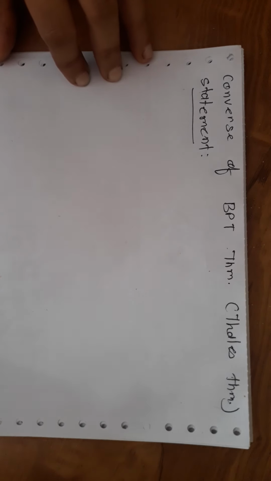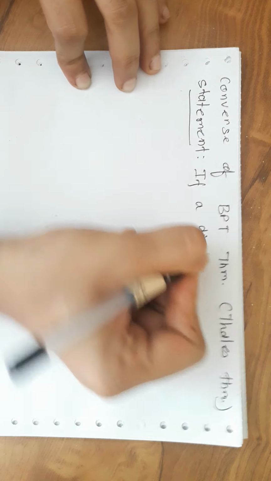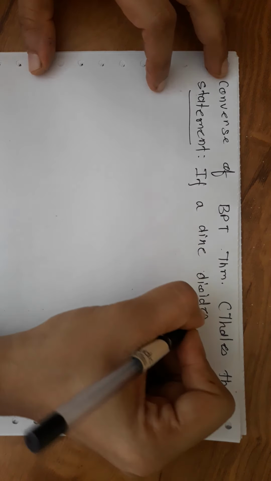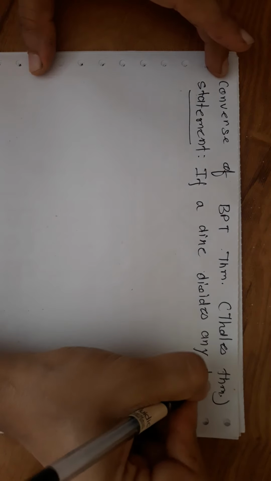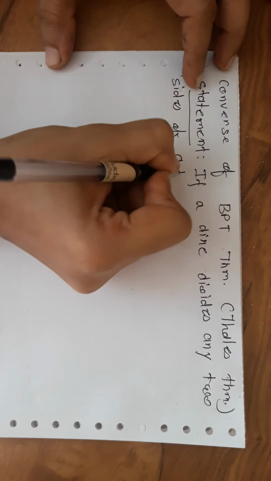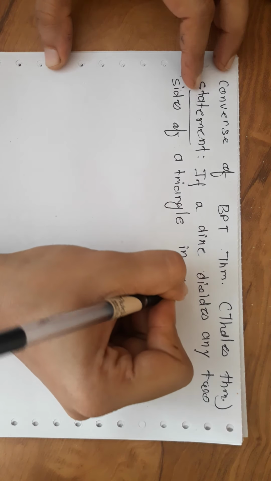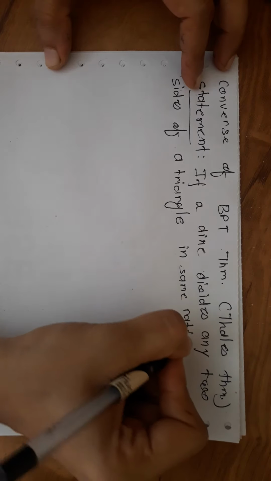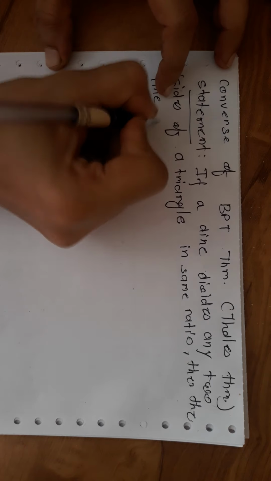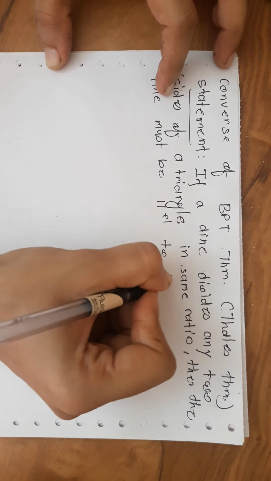The statement is: if a line divides any two sides of a triangle in the same ratio, then the line must be parallel to the third side.